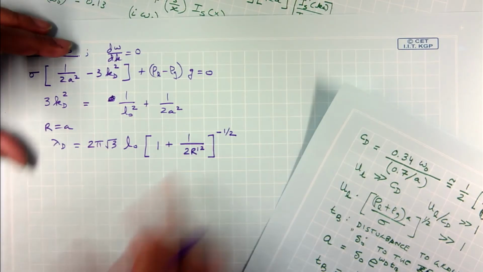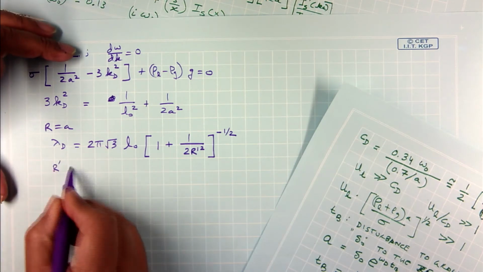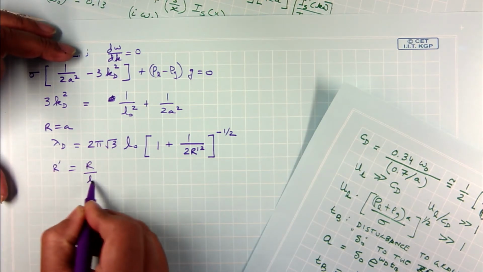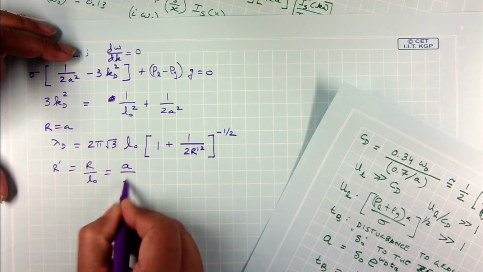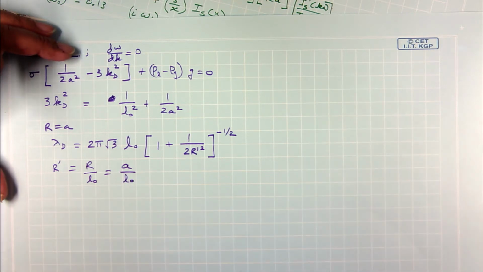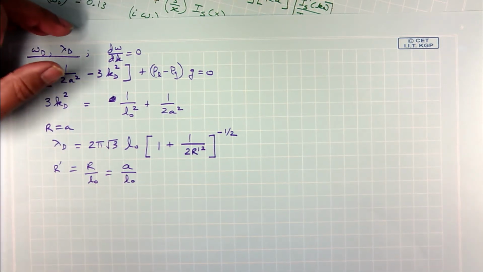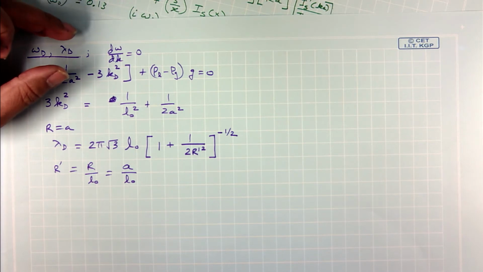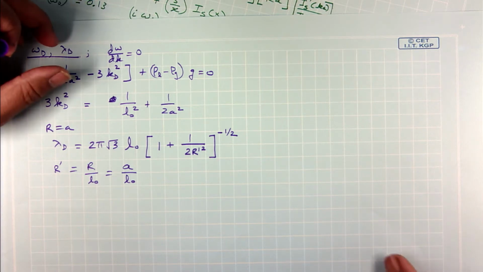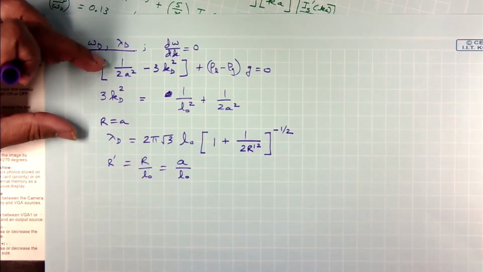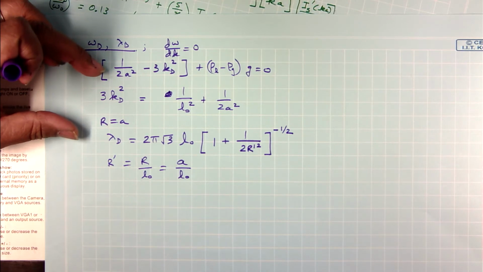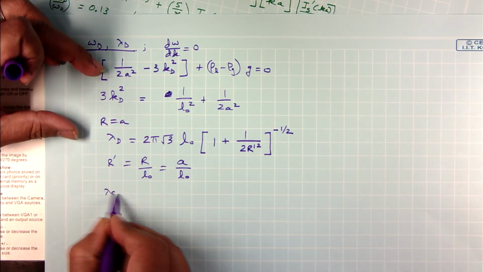Okay. And same thing when I am writing something as r prime, what I mean is r prime is equal to r divided by L naught or a divided by L naught. So, then the more fundamental question is whether I am dealing with lambda c or whether I am dealing with lambda d.